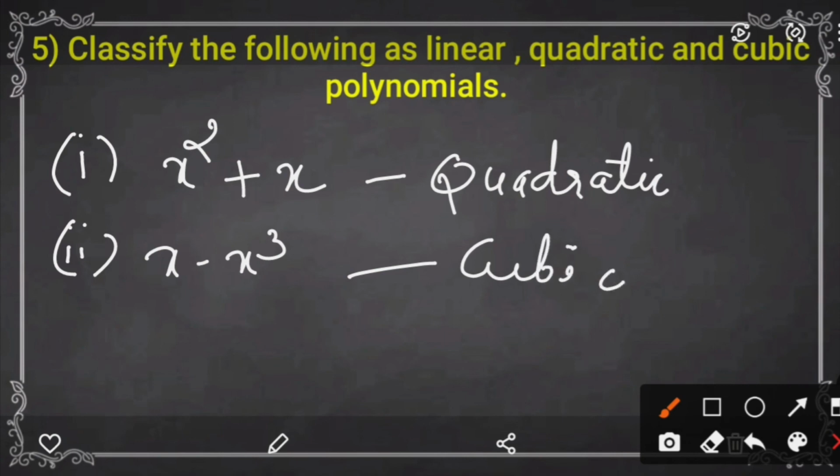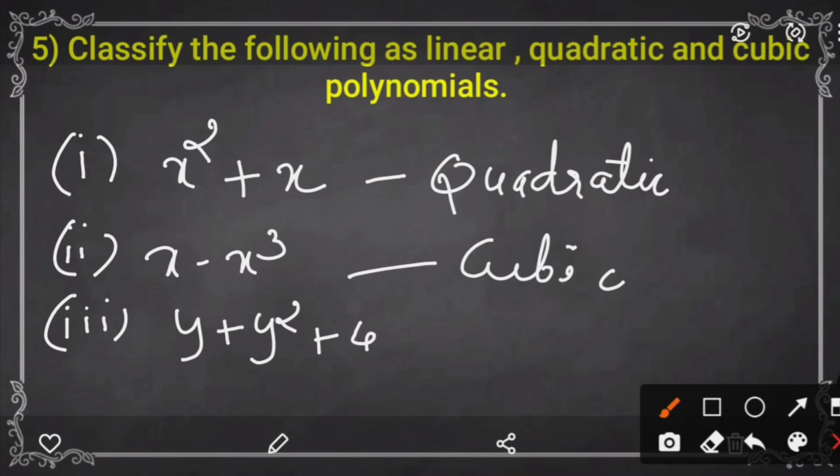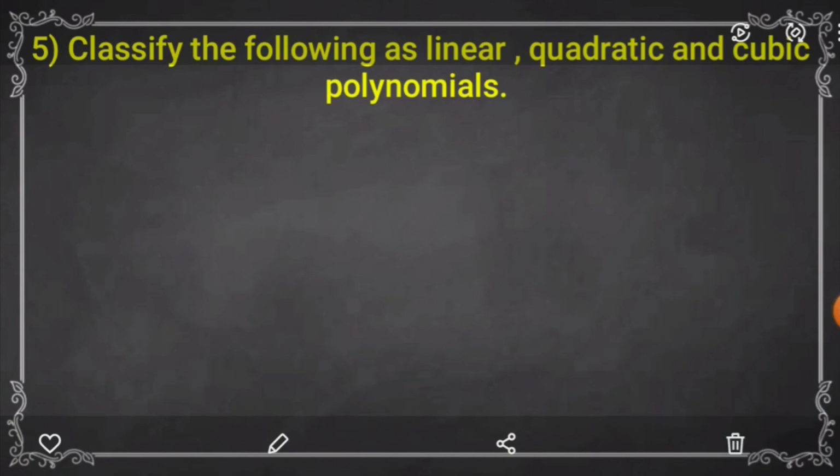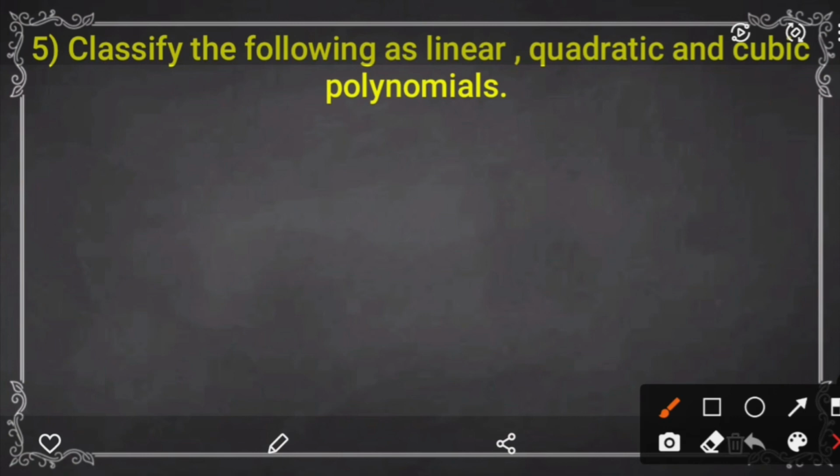Then the third one is y plus y square plus 4. Here the highest degree of this polynomial is 2. That means it is quadratic. Then the fourth one is 1 plus x.